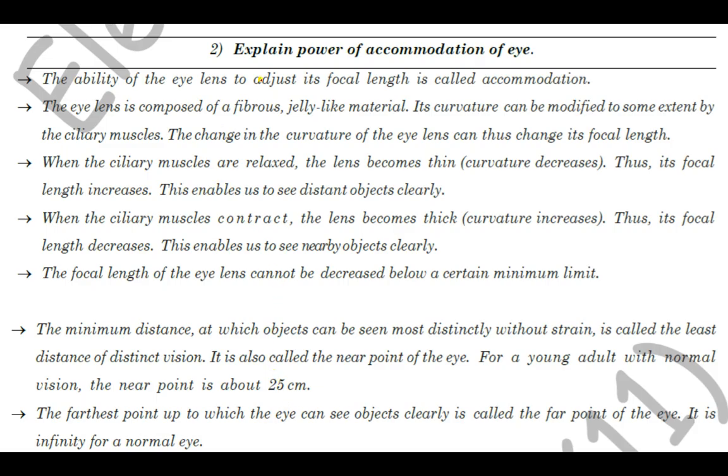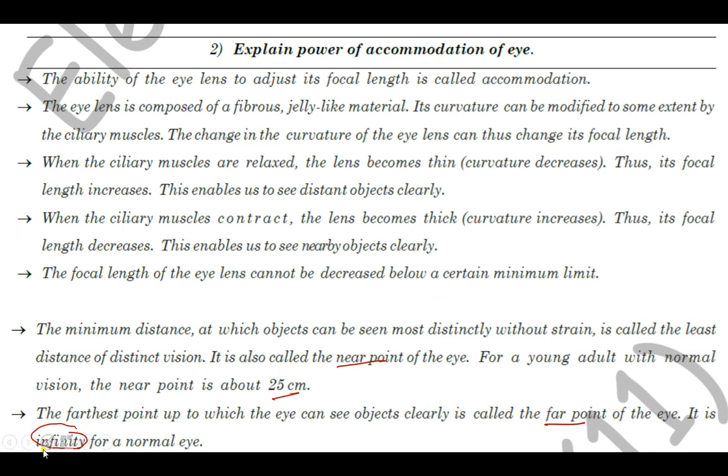Explain the power of accommodation of eye. This can be asked as a 2 mark question, but the paper pattern is of 4 marks, so there can be a sub question of 2 marks also. But please write this, and in this answer there is a small 1 mark question also. What is the near point of eye? 25 centimeter. What is the far point of eye? Infinity. Right, the far point of eye is infinity.